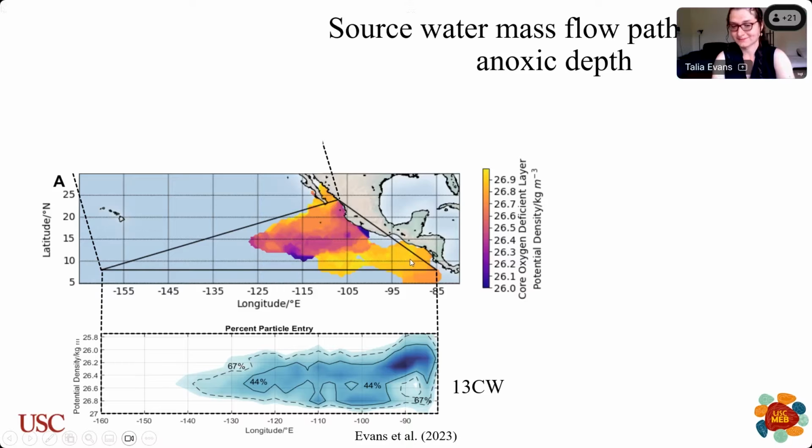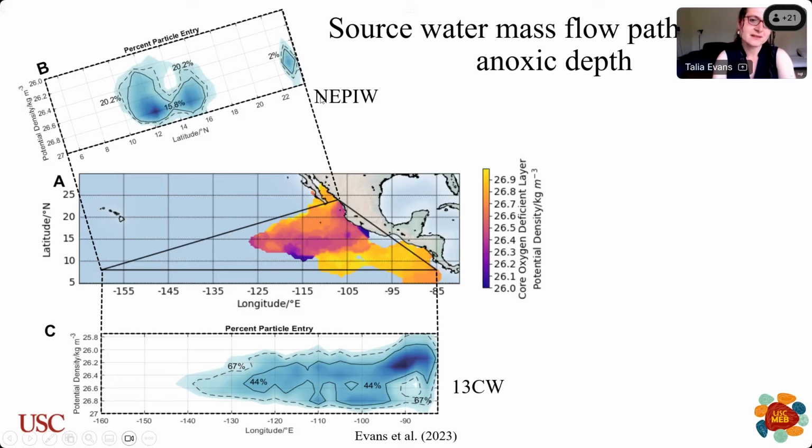Now, on the other hand, we have this NEPAW that's being injected by Tsuchiya jets around 10 to 16 degrees north, which is right around 10 to 16 degrees north here. And that's being injected deeper around 26.8 isopycnal space, right?